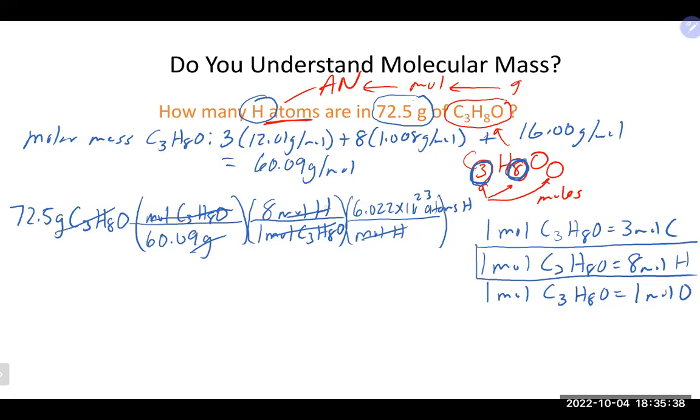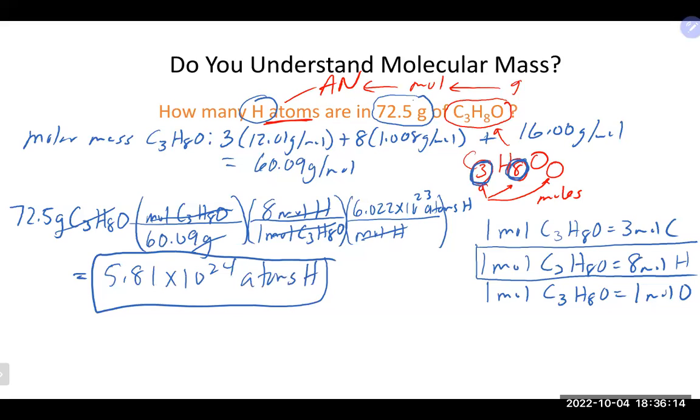Doing all that, 72.5 times 8 times 6.022 times 10 to the 23, divided by 60.09, we end up with 5.81 times 10 to the 24 atoms of hydrogen.